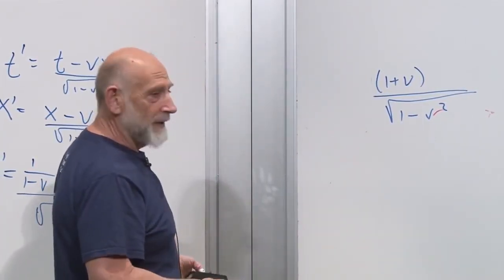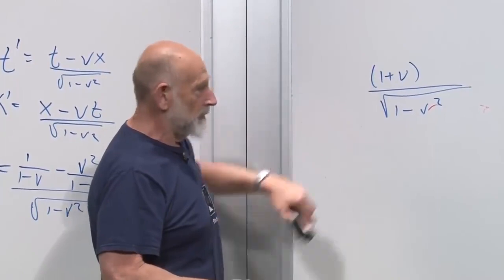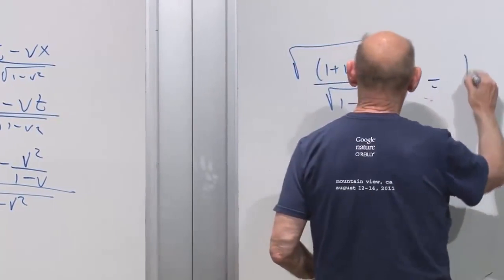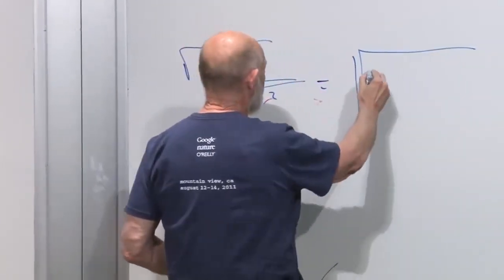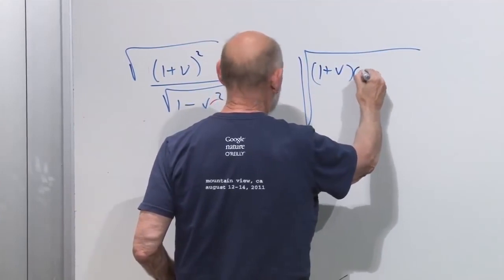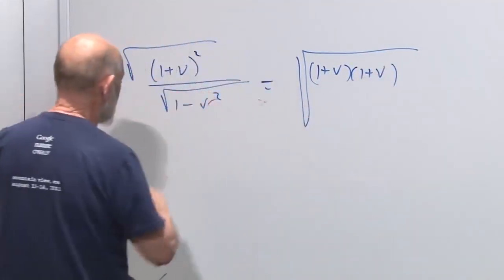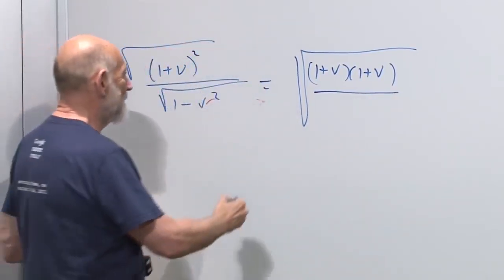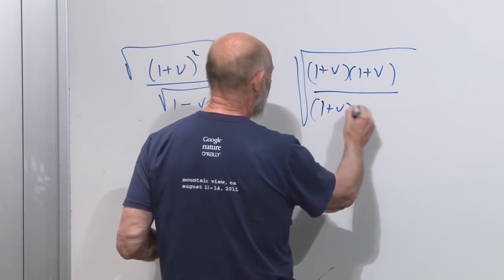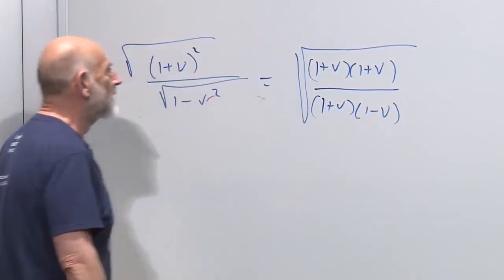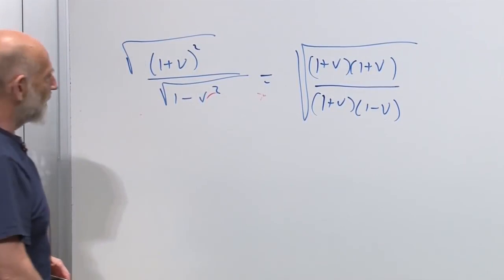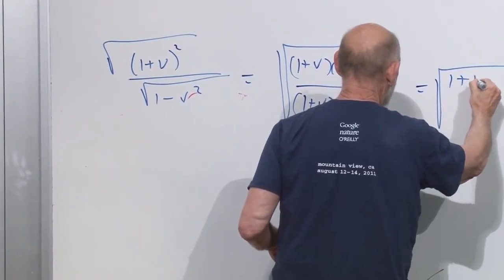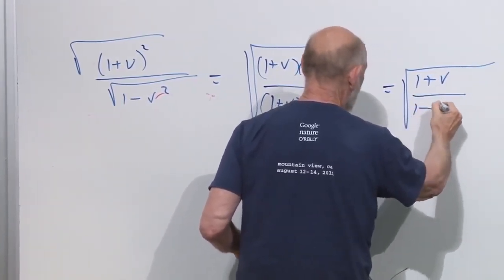What else can I do with it? Well, I can put this in the square root, just by squaring it and then putting it in the square root. And the whole thing becomes square root of 1 plus v times 1 plus v, that's 1 plus v squared, divided by 1 minus v squared, which is 1 plus v times 1 minus v. So the answer is square root of 1 plus v over 1 minus v.